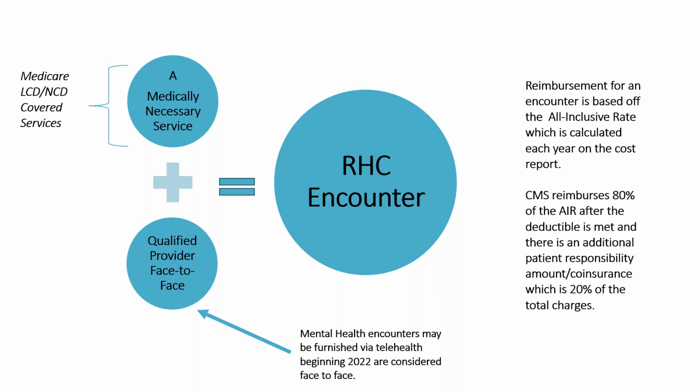And the wild card in our payment is going to come down to our 20% co-insurance. So we're going to talk a lot about that when we go through some actual payment examples. But we are being paid per RHC encounter. So I hope that makes sense, because it is crazy math.